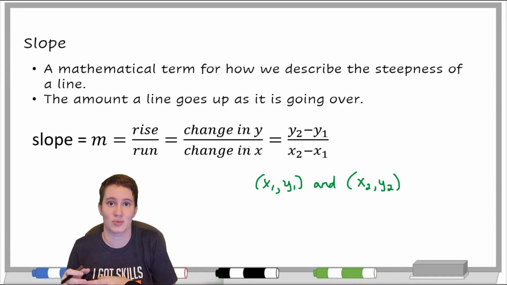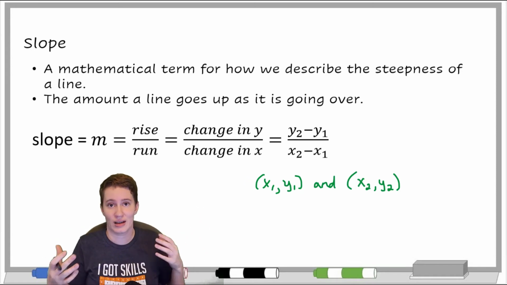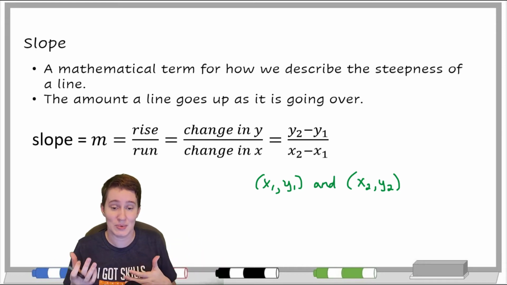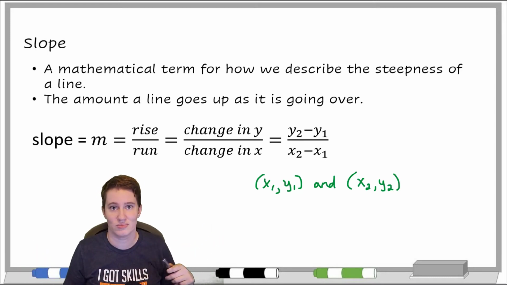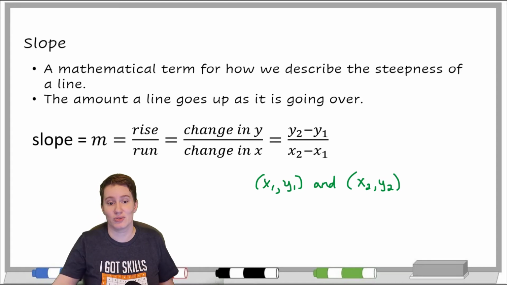We have a second point and an x and a y. If we had a third point, we could call it x3 and y3, although I don't know why we would, because that's not a part of the formula. But it's just a way so that we don't have to keep using new letters over and over again, because we only have 26 letters. But if we use subscripts, we could talk about 30 different points if we wanted to. Don't know why we would, but we could if we wanted to.